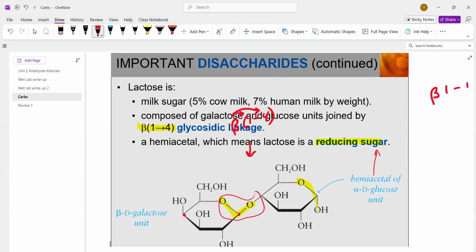And then we always connect with carbon number 4 on the right-hand monomer. Okay, so in this case, it's going to be a beta because it's going up. Carbon number 1 hooking up to carbon number 4.